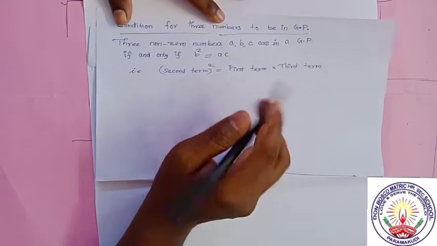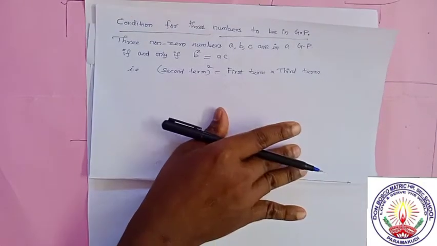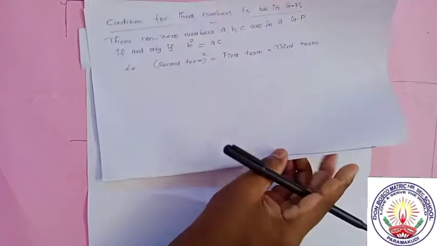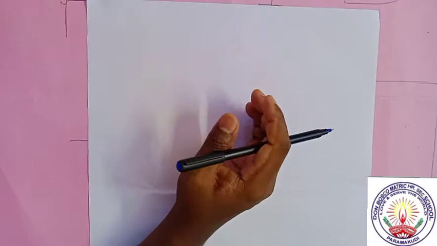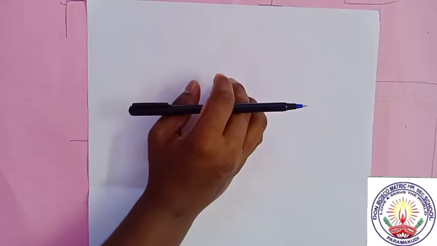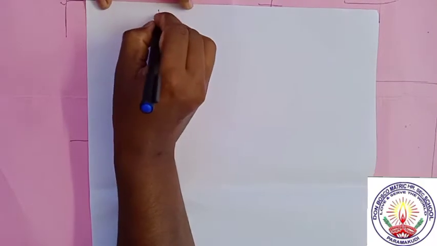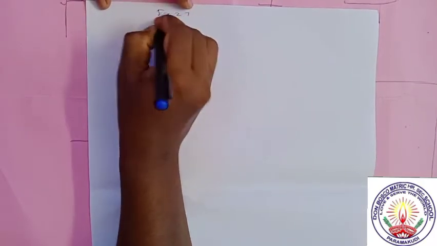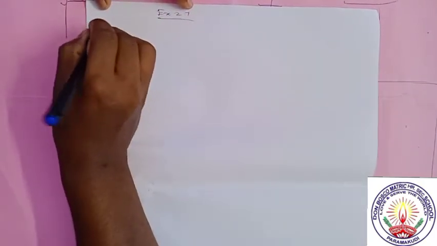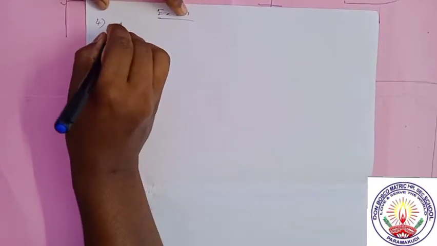Using this condition, we are going to solve two problems in Exercise 2.7, question number 4. It may be an important 2-mark question.